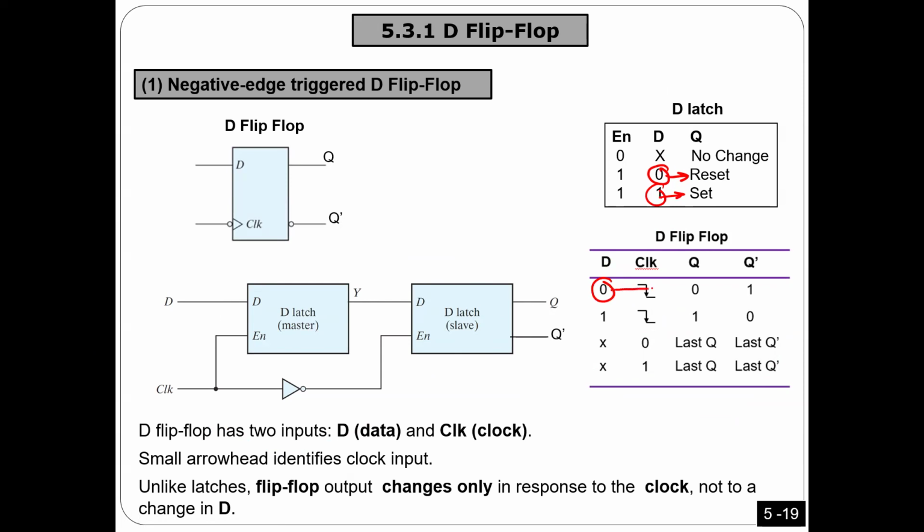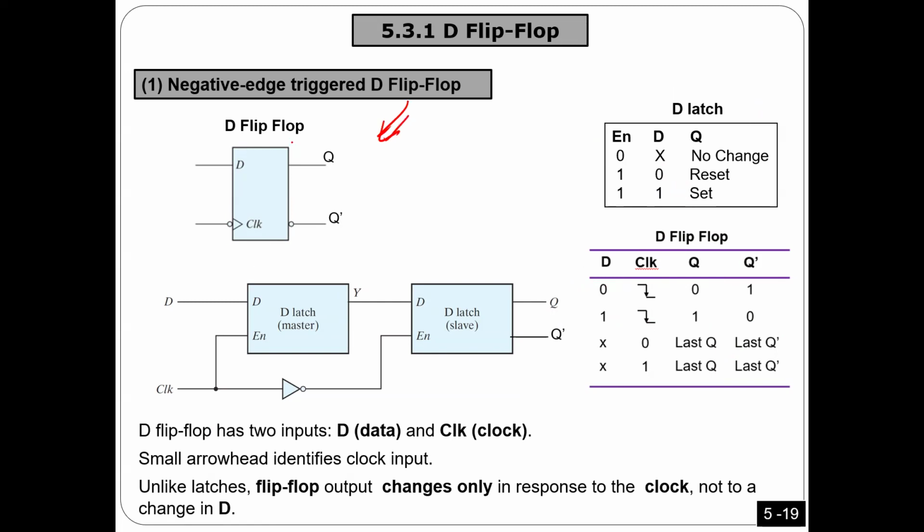But the latch happens immediately. Once you put the 0, you will get 0. Once you put 1, you get 1. For this one, no. You put 0, you have to wait until the time comes because actions are taken at specific times. Once the time comes, output is equal to 0. Okay? And so on.